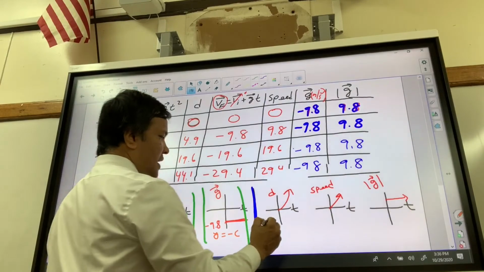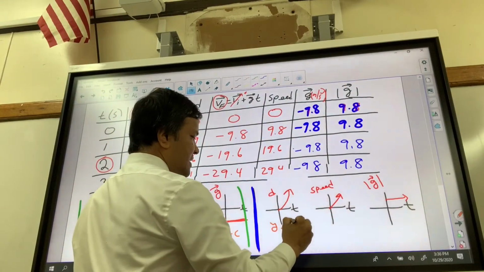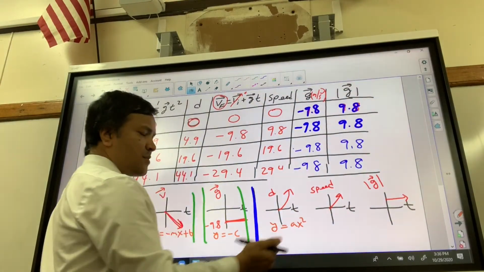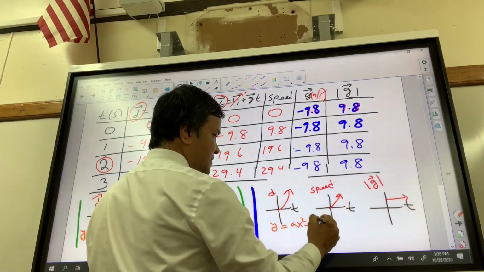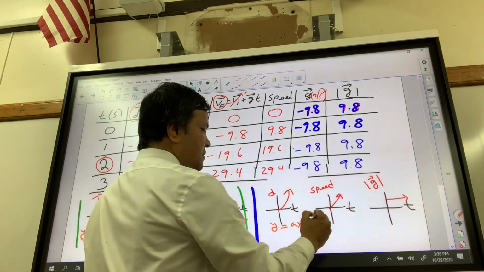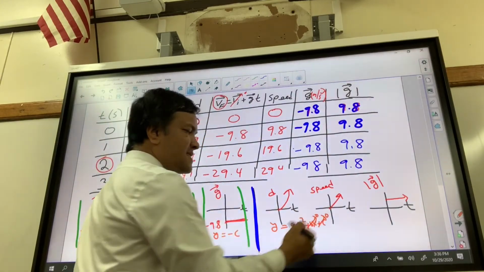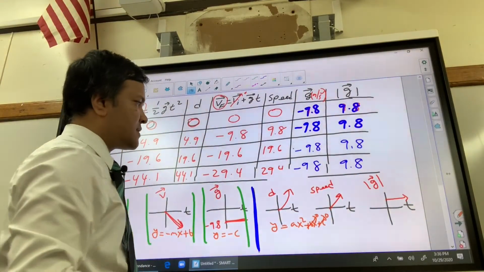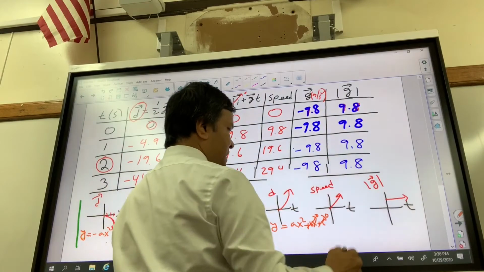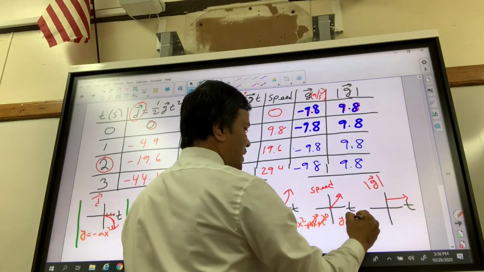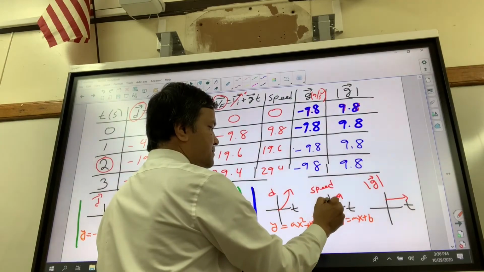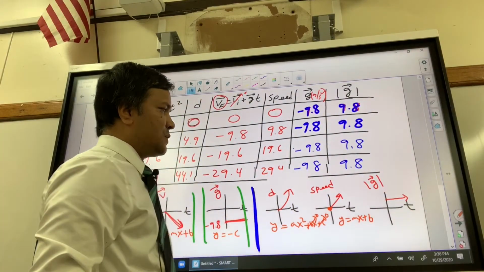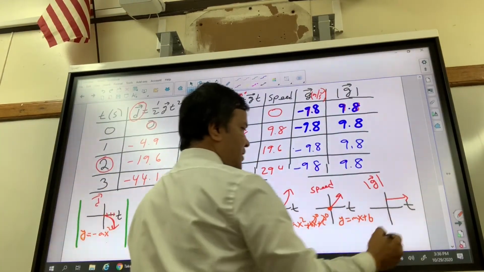Absolute value of displacement is y equal to a x squared, a second degree polynomial, a x squared plus b x plus c, where b is 0 and c is 0. Why b is 0 and c is 0, I'll prove next class. Speed is y equal to m x plus b, where b is 0, and the absolute value of acceleration is y equal to c.